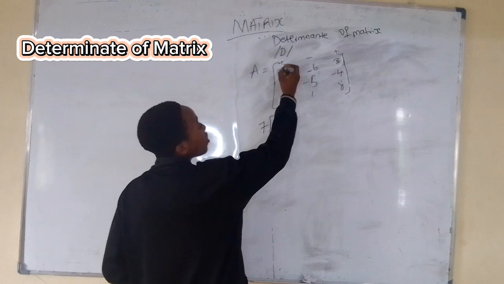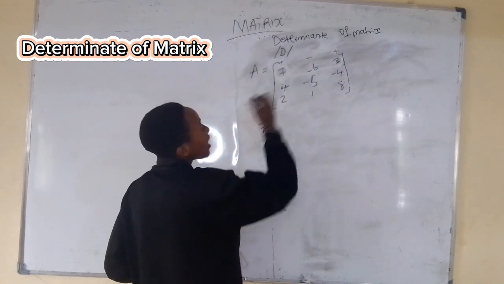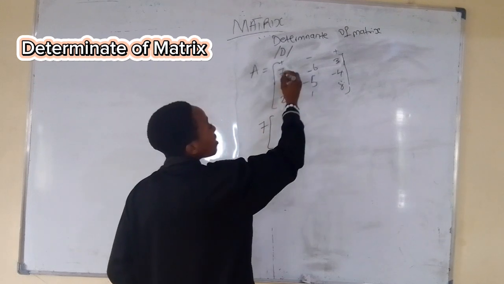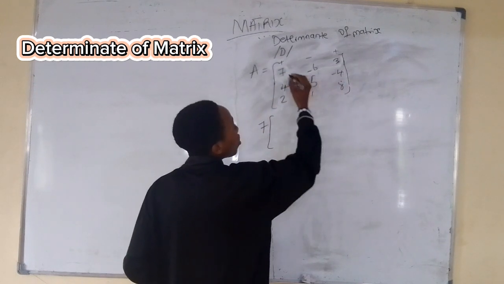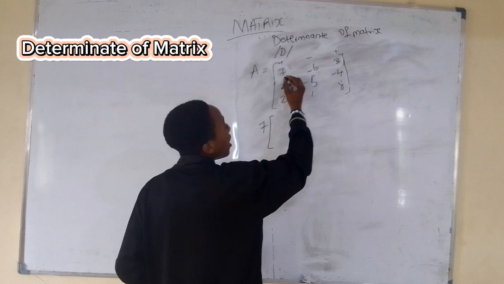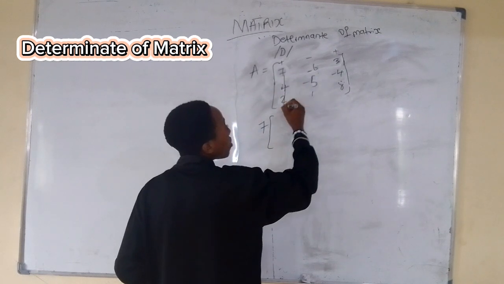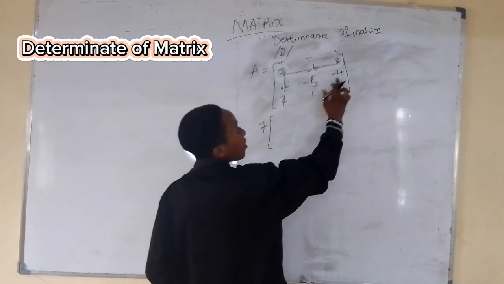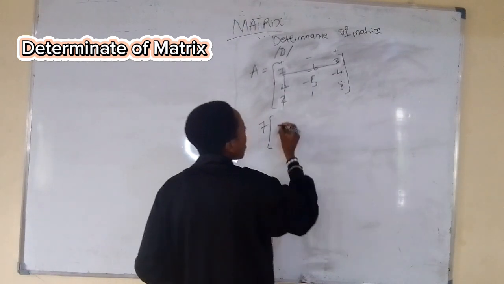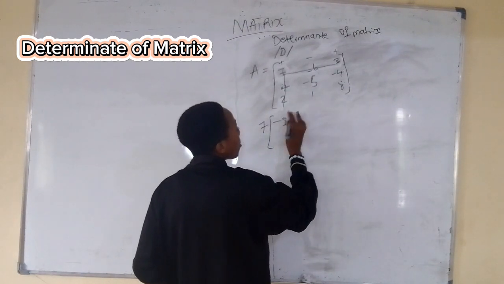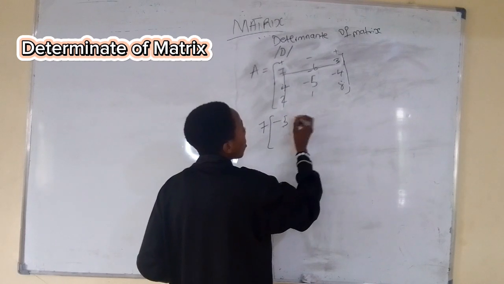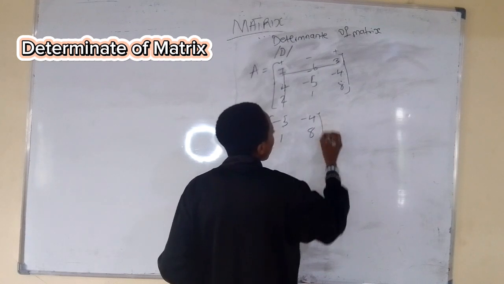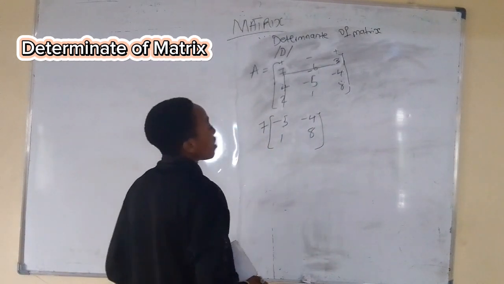Now, since you pick 7, everything that is below 7 and everything that is by the side of 7, that is everything on row 1 and on column 1, will be eliminated. That is, you strike them out like this. And then you'll be left with minus 5, minus 4, 1 and 8. That's for 7.